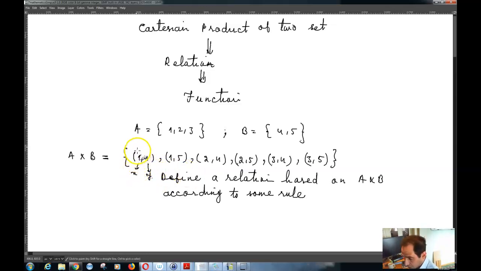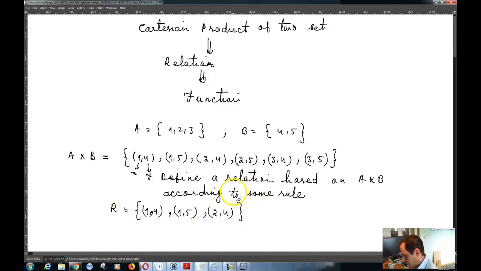For example, you say that x is 2 times y, or y is 2 times x, or something like that. And based on that rule, you will get a subset of this set. You can call it, for example, R for relation. And then you would get, for example, 1, 4, and 1, 5, and then 2, 4, and so on and so forth. For example, let's say that based on this relation that you have defined, you get these 3 ordered pairs in a set, and you call it R.